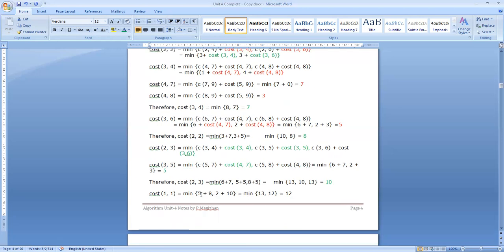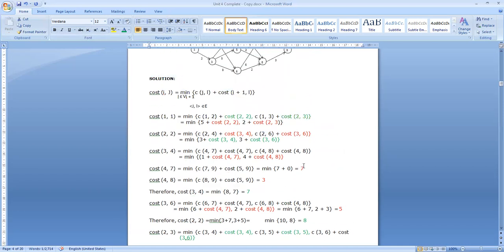So 5 plus 8 is equal to 13, and 2 plus 10 is equal to 12. So 13 comma 12, which is minimum? 12 is the minimum, and this is the minimum cost path from vertex 1.